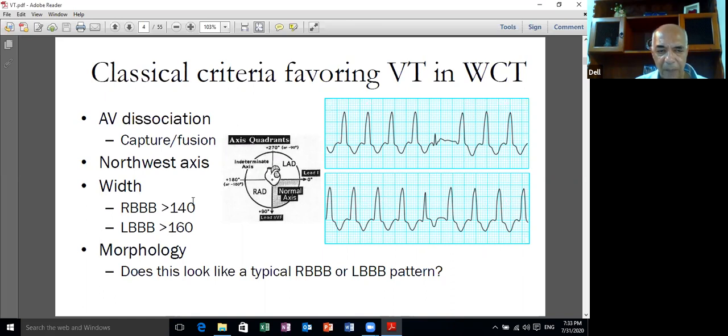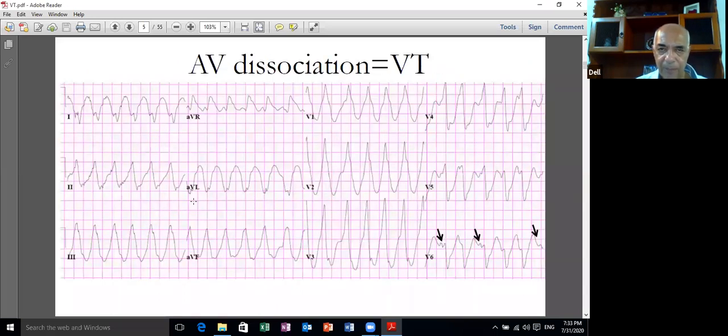If it's left bundle-like in morphology, then 160 is the cutoff point. If you are still confused and you have the luxury of a 12-lead electrocardiogram, then you study the morphology of V1, and that's the most important thing.